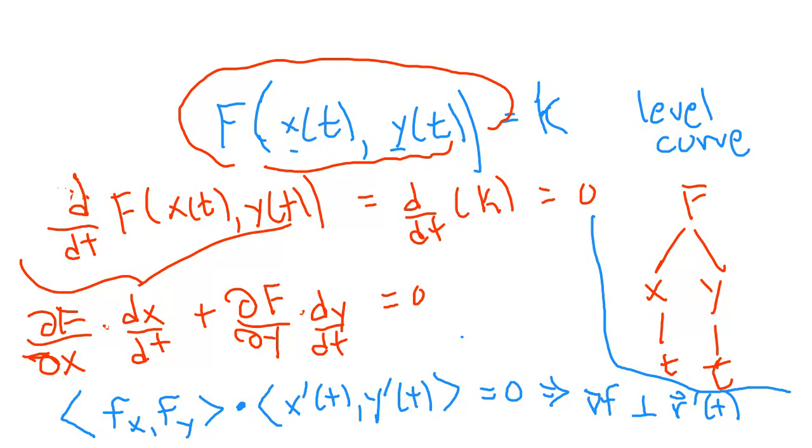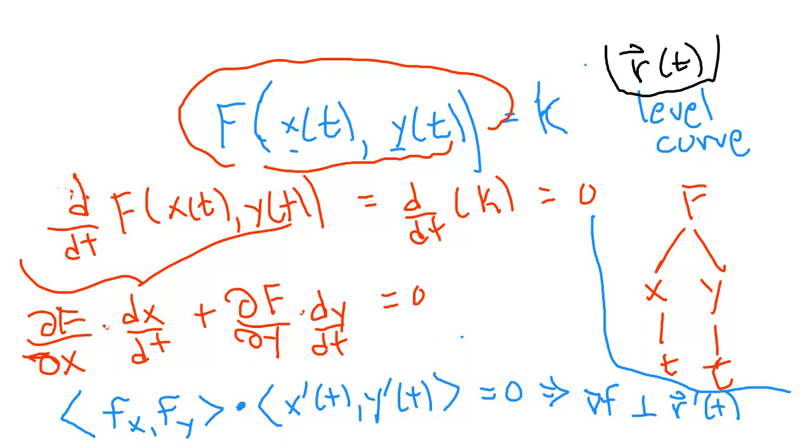So what you have then is, again, the level curve. Yes, the level curve can be represented as a function of x and y equal to k, but also the level curve can be represented as a space curve. That's also the level curve.